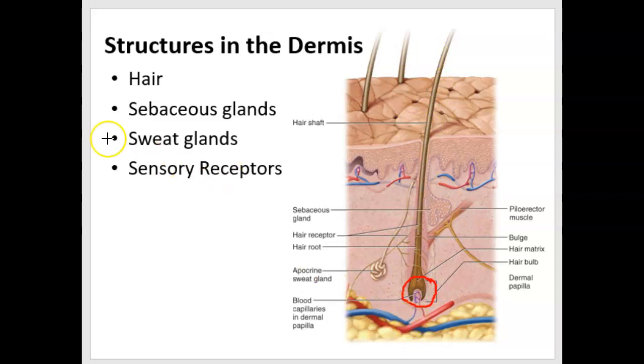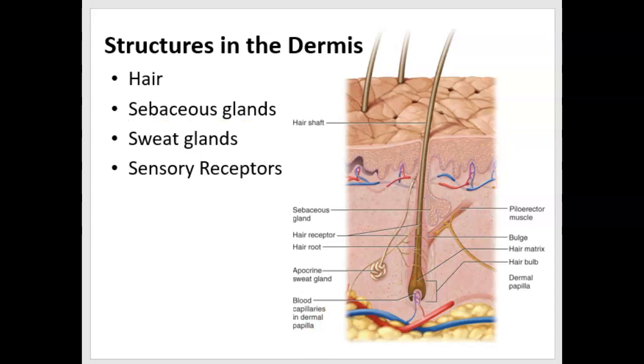What I'd like to discuss in relation to hair are these sebaceous glands. So next to not every single hair, but many hairs, there is a gland with a duct that produces sebum. And sebum will travel in the duct and then coat the outside of the skin, providing moisture.